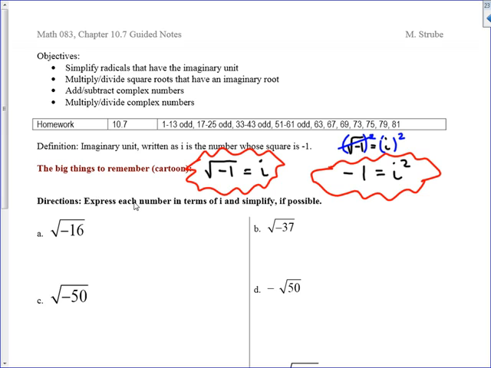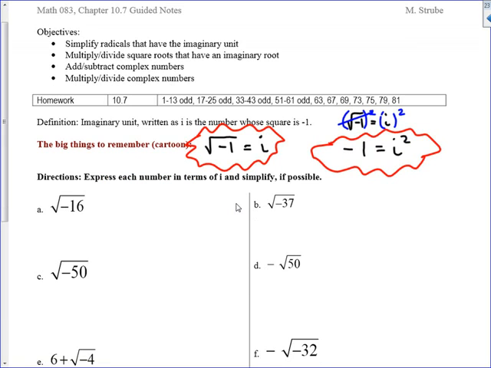So we want to express each number in terms of i and simplify if possible. So when you see a negative under a square root, that's how you know you're going to get your imaginary unit. And the way we get that is you start by taking the negative sign out. So we're going to break off -1 times and then just turn that radicand to be positive.